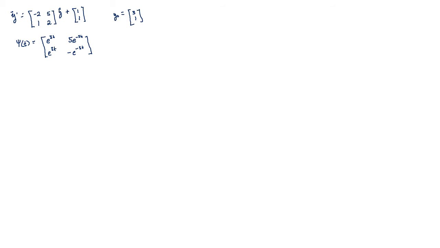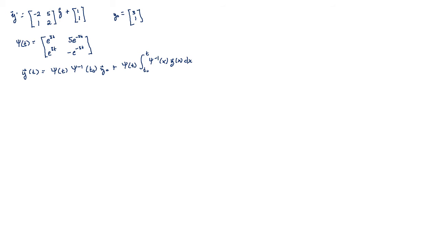At this point, we need to figure out what comes next in our variation of parameters formula. So let's remember what our formula looked like. Our formula says that y of t will be equal to psi of t multiplied by psi inverse of t0 multiplied by y0 plus psi of t multiplied by the integral from t0 to t of psi inverse of x g of x dx.